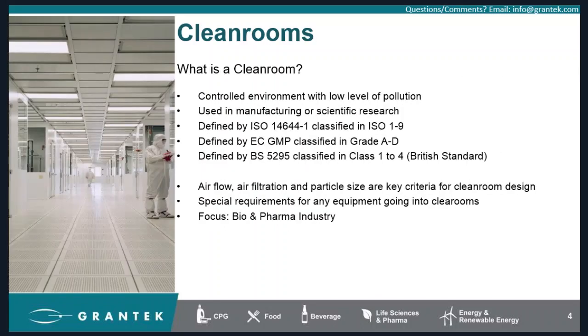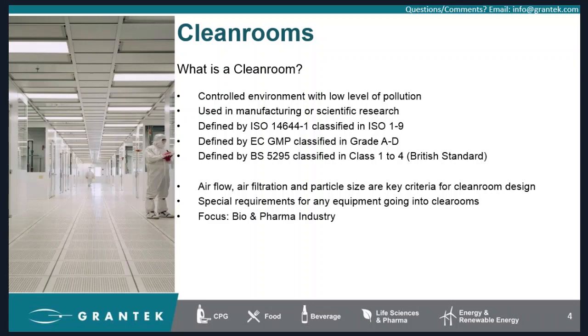So we'll start with some basics to make sure that we are all on the same level when we talk about clean rooms. So what is a clean room? It's a controlled environment with a very low level of pollution. It's used in manufacturing and scientific research areas. There are three standards that define a clean room. One is the ISO 14644-1, which classifies the clean rooms into ISO 1 to 9.